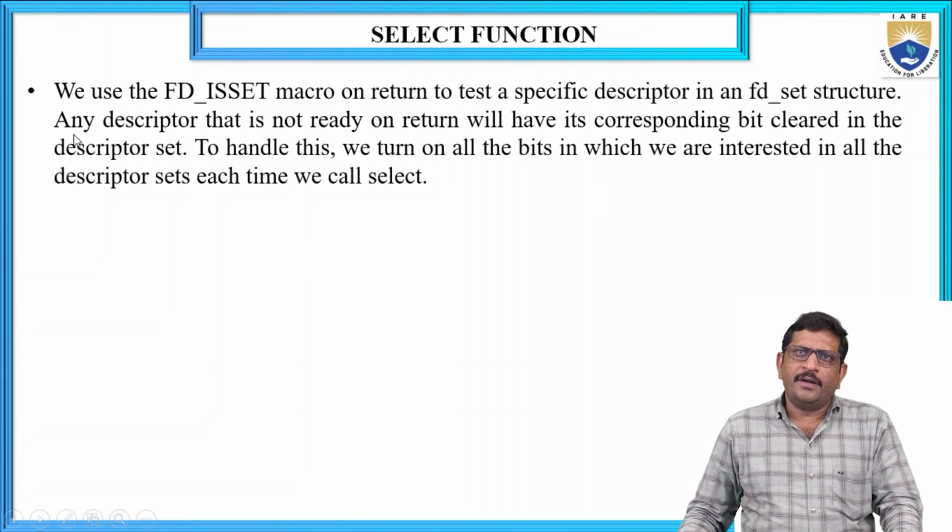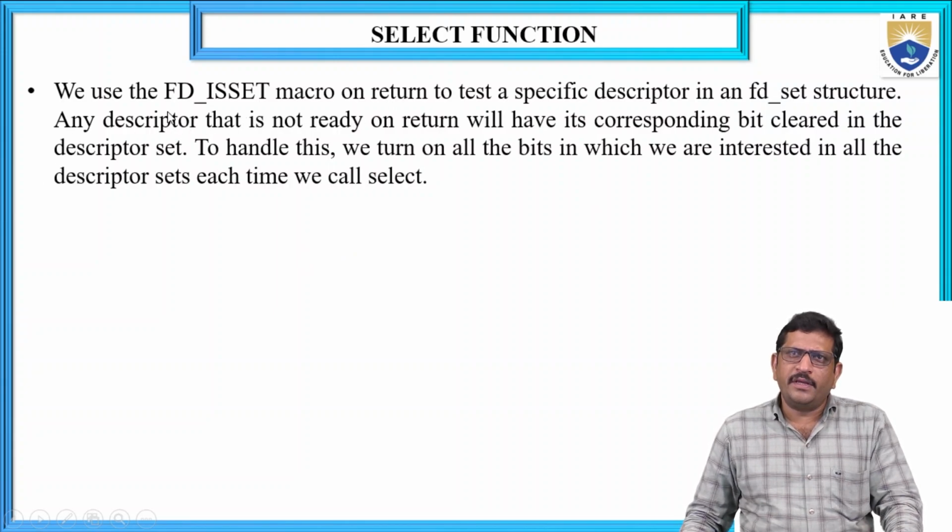Here we use the FD_ISSET macro on return to test a specific descriptor in an fd_set structure. Any descriptor that is not ready on return will have its corresponding bit cleared in the descriptor set.